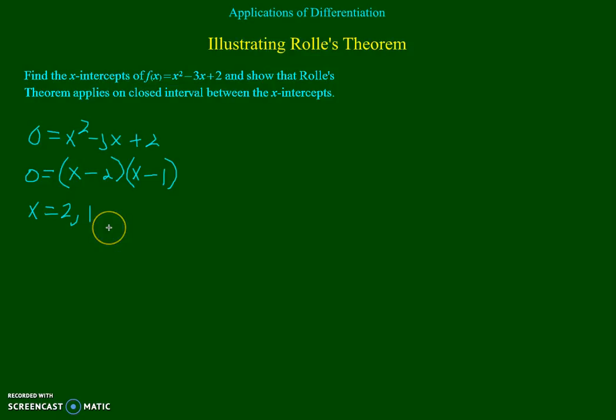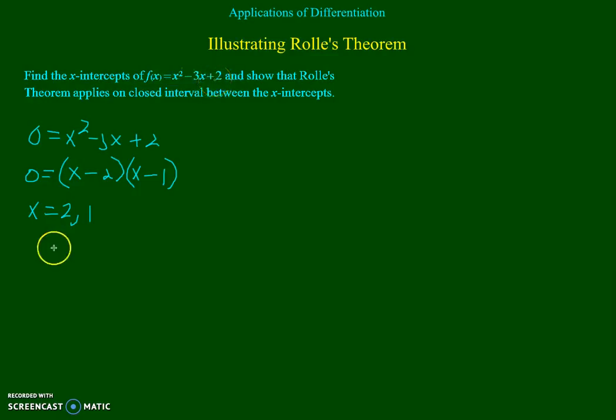So there are our endpoints. And so we're going to determine if Rolle's theorem applies. Well, this is a polynomial function. Polynomial functions are continuous on their domains, and so the first condition is satisfied, that Rolle's theorem says the function must be continuous on a closed interval. It is continuous, and these values are in its domain, so the first condition applies.